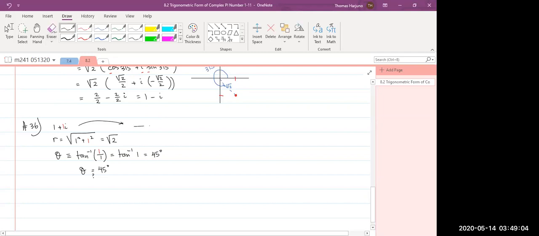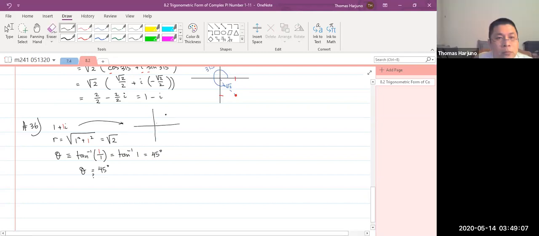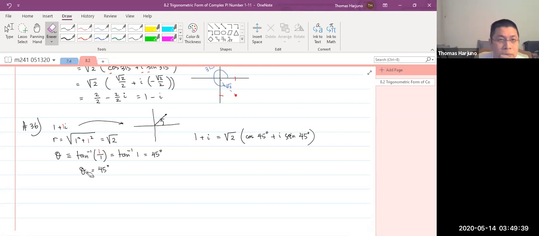So 1 plus i equals the radius, square root of 2, times cosine 45 degrees plus i sine 45 degrees. That's because we know theta is in quadrant 1 from that picture.